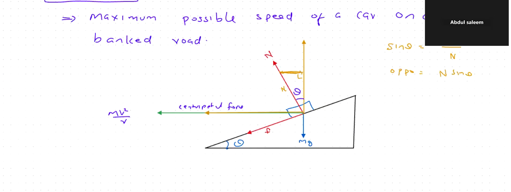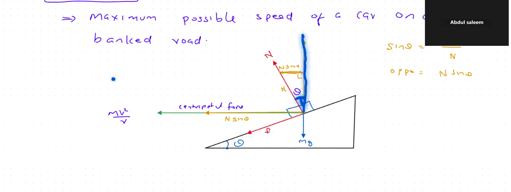This is a vector, so if we move it along the centripetal force, this is also n sine theta. This opposite side is along the direction of the centripetal force, so this one is also n sine theta. And the y component, the y-axis, means the adjacent side of this angle.